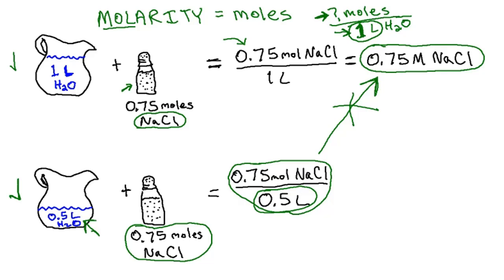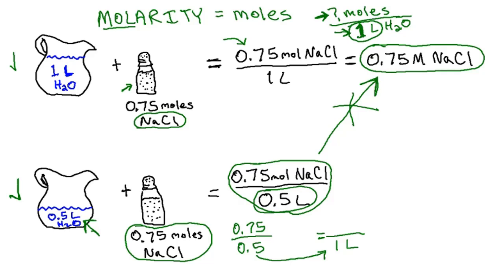So in order to find out how many moles of salt we would put into 1 liter of water and keep this same concentration, to find out the molarity of 0.75 moles in 0.5 liters of water, we have to take that 0.75 moles in 0.5 liters of water, and we need to turn this 0.5 liters of water into 1 liter of water.